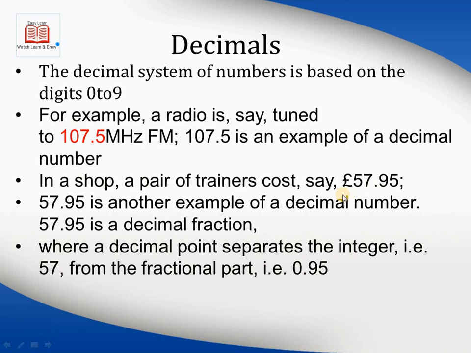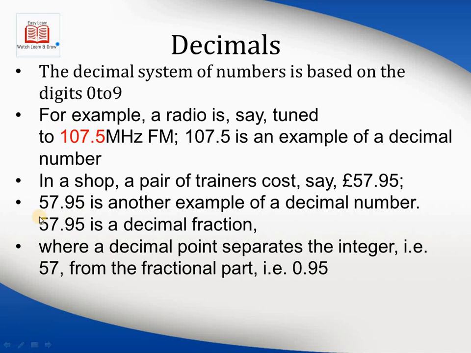Again, for example, when we purchase something from a shop, let's say 57.95, this is another example of the decimal system. Remember that here 57 is a complete integer, but this 95 shows a fractional part, so it is not a complete 58, but 0.05 less than 58.